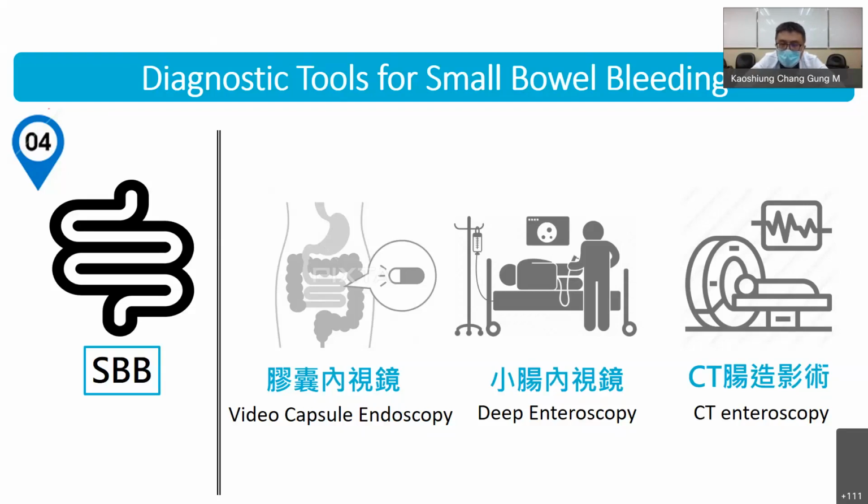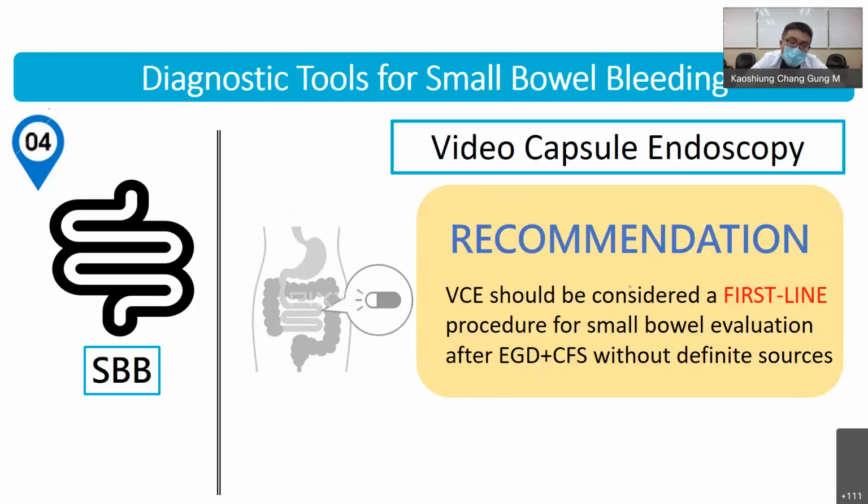So we have other alternative tools for small bowel bleeding diagnosis. By the international guidelines, the first line tool for us to evaluate small bowel bleeding is video capsule endoscopy, because it's safe and more comfortable for patients.